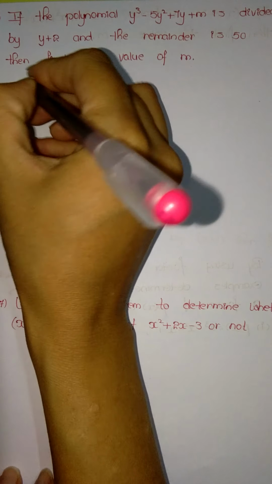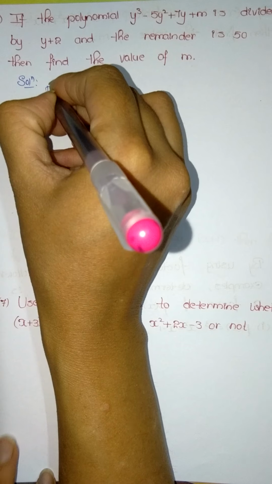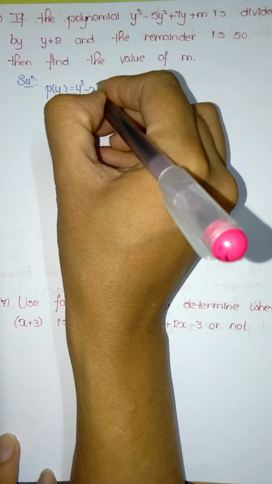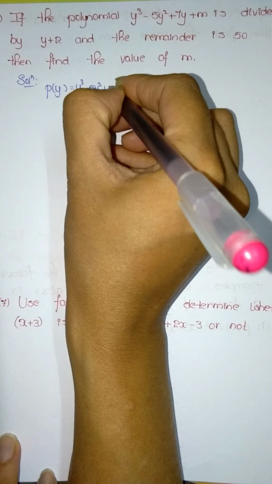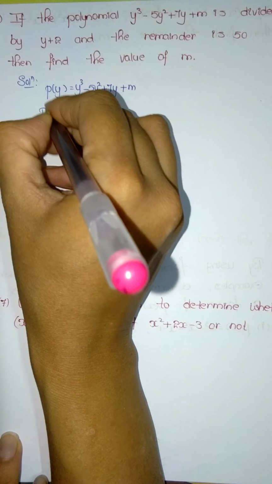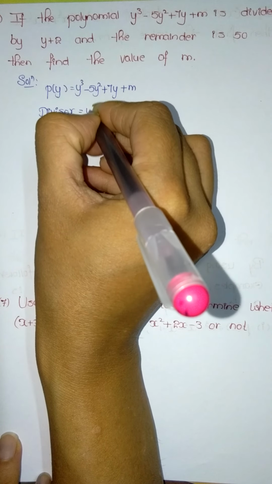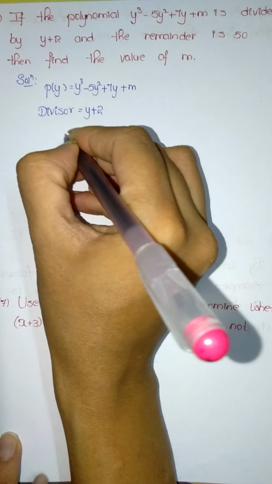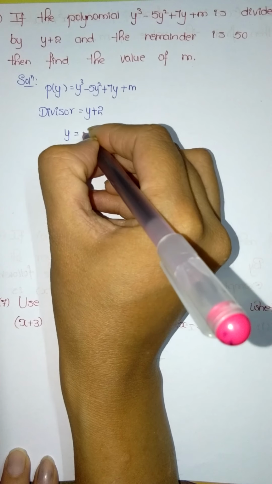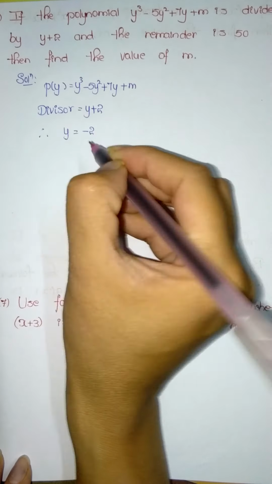So here, solution, let's consider p of y equal to y cube minus 5y square plus 7y plus m, and here divisor equal to y plus 2. So here we have to put y equal to minus 2, therefore y equal to minus 2.